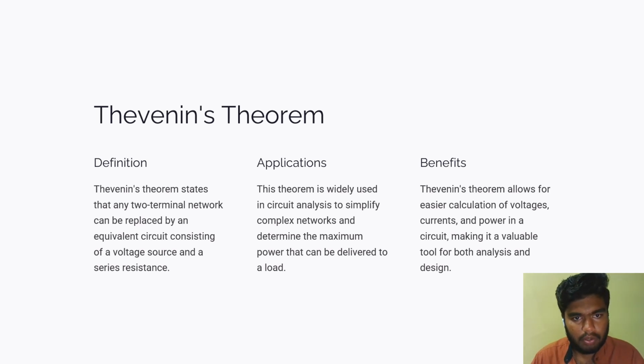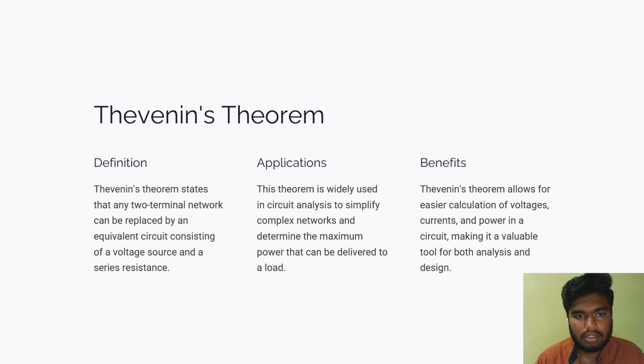Here, coming to Thevenin's theorem, the definition is: Thevenin's theorem states that any two-terminal network can be replaced by an equivalent circuit consisting of a voltage source and a series resistance. Now we see the applications. This theorem is widely used in circuit analysis to simplify complex networks and determine the maximum power that can be delivered to a load.